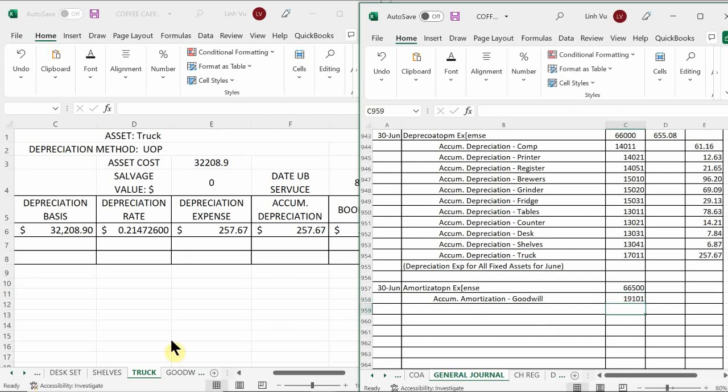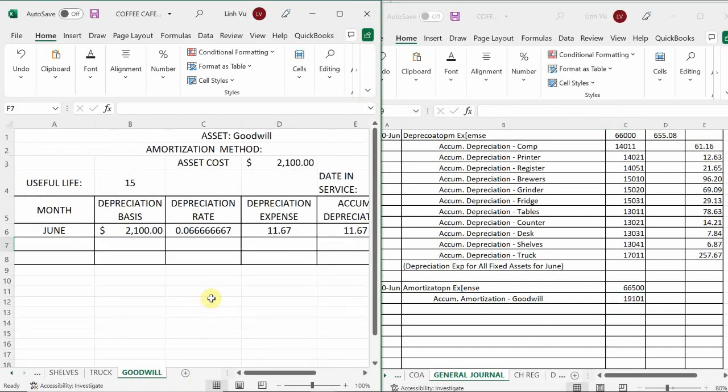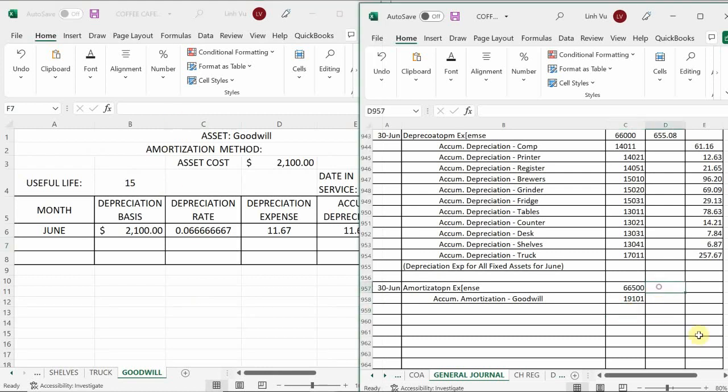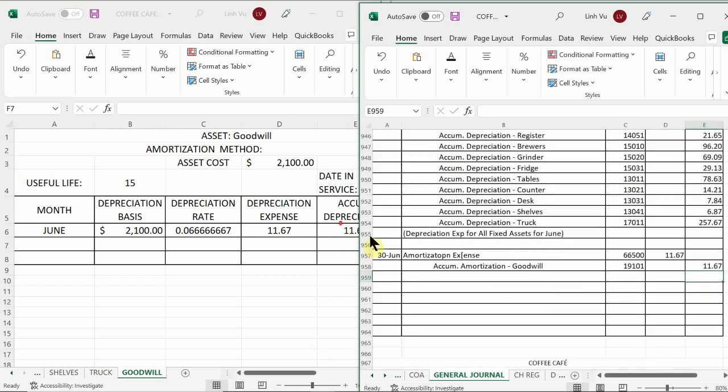So let's take a look at my goodwill. How much am I amortizing for? $11.67. Okay, and I can make a note here that I am amortizing for goodwill for June.